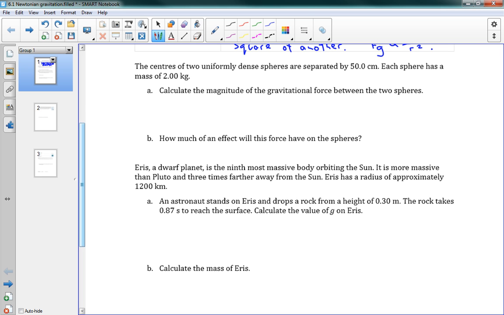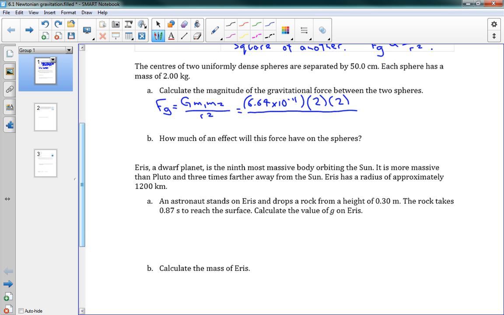The first problem says the centers of two uniformly dense spheres are separated by 50 centimeters. Each sphere has a mass of 2 kilograms. We want to calculate the magnitude of the gravitational force between these two spheres. We use our equation Fg is equal to G m1 m2 over r squared, and we can plug in our numbers. We have 6.67 times 10 to the negative 11 times the first mass, 2 kilograms, second mass, 2 kilograms.